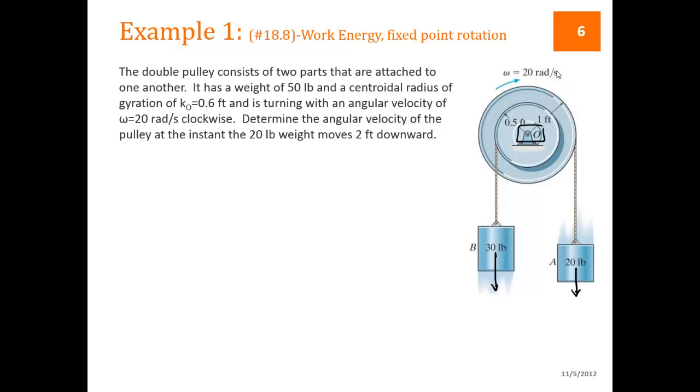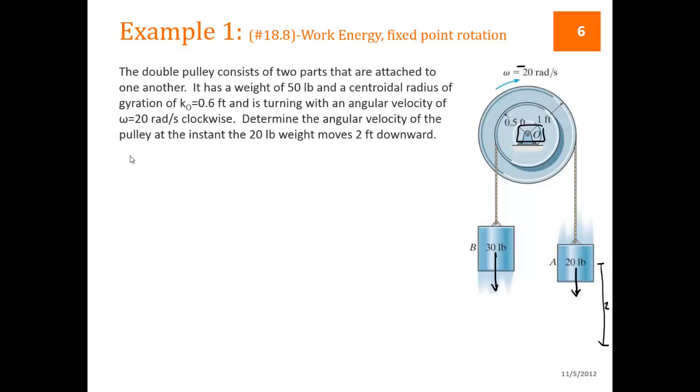The pulley is initially rotating at 20 radians per second. This is a negative, right, based on the direction it's drawn. And we're given some information and asked to figure out, once this weight has moved down here 2 feet, what is omega? So let's start by writing the expression for the kinetic energy.